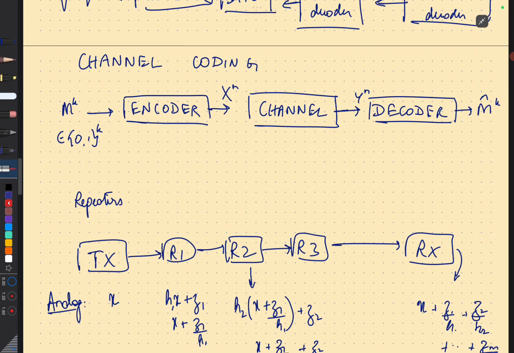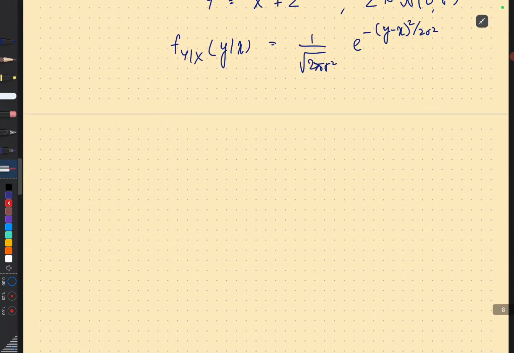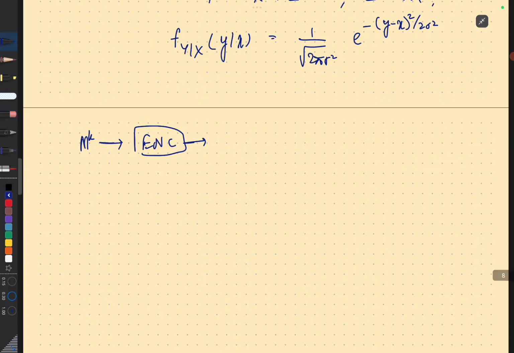That overall is the channel coding problem. We'll assume that it's a discrete memoryless channel, which is specified by p(y given x).